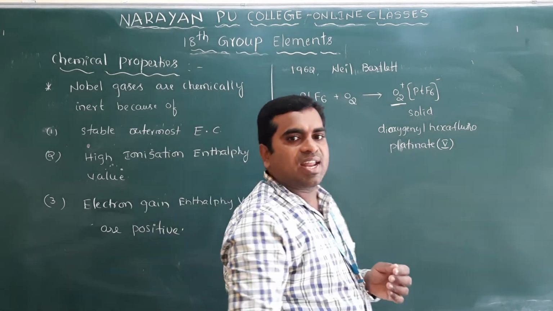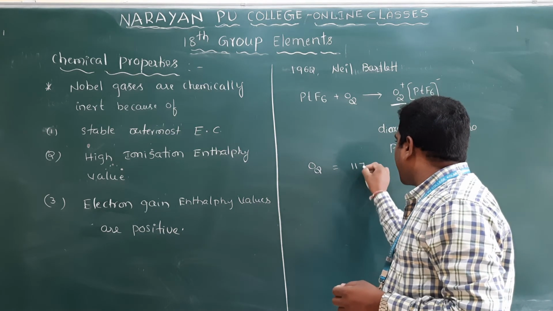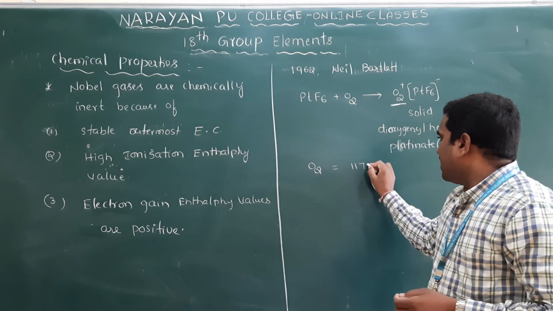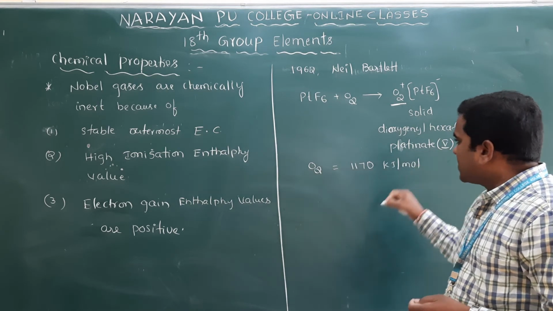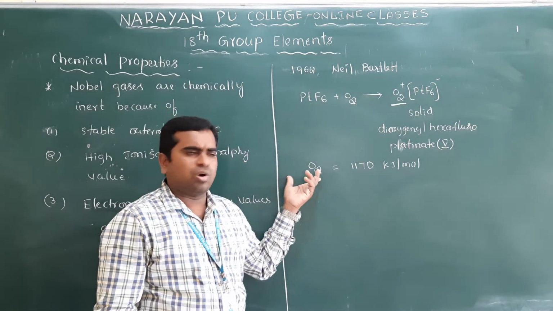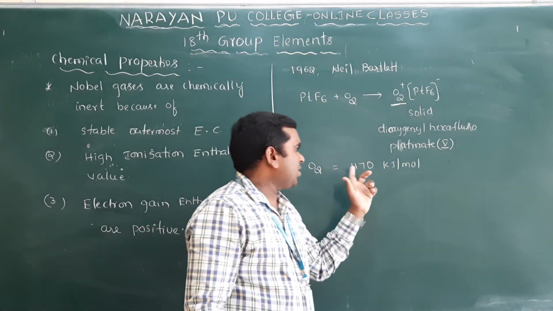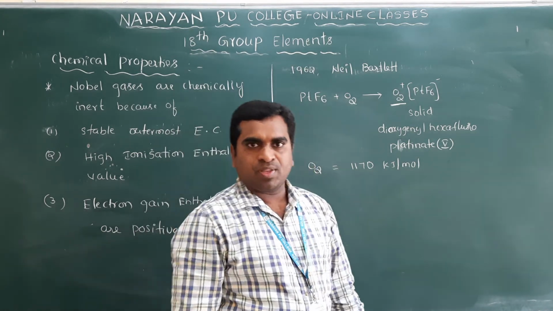The ionization enthalpy value of oxygen is around 1170 kilojoule per mole, so you have to supply this much energy.